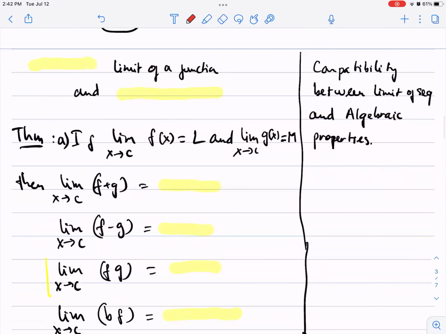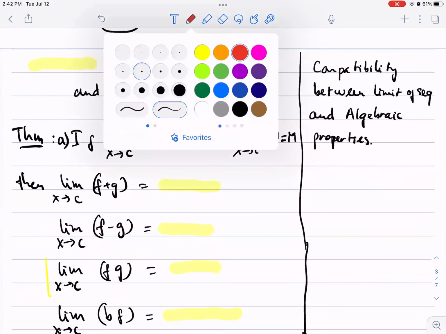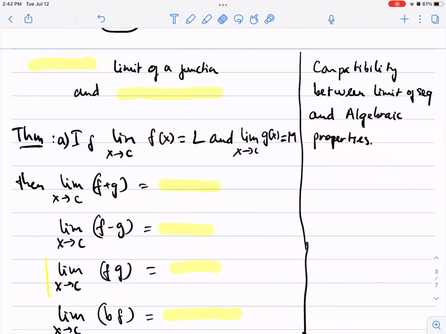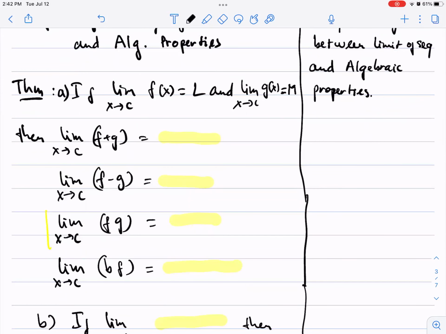Now we're gonna state a few statements about the compatibility of the limit of a function and algebraic properties. So these statements again are very similar to corresponding statements for sequences.